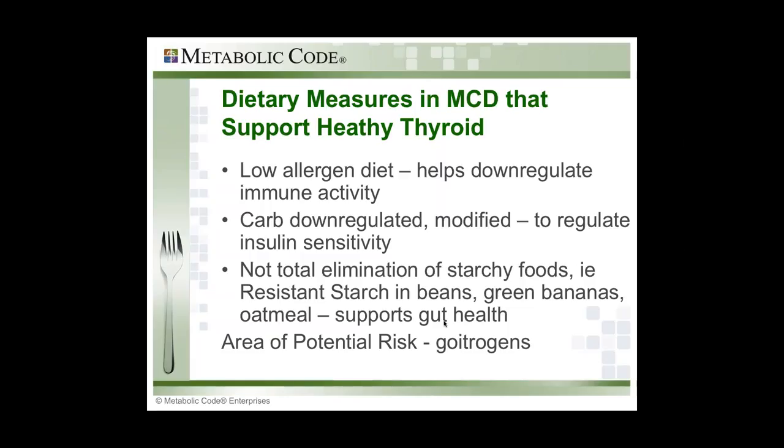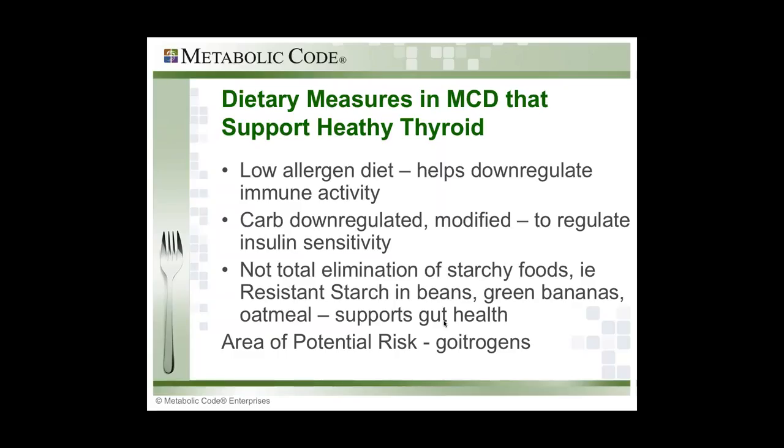For example, if a person decides they're just not going to eat bananas because it's a higher carb, high glycemic fruit. So what are our areas of potential risk? Well, on the metabolic code diet, we promote that people eat a lot of vegetables, non-starchy vegetables.